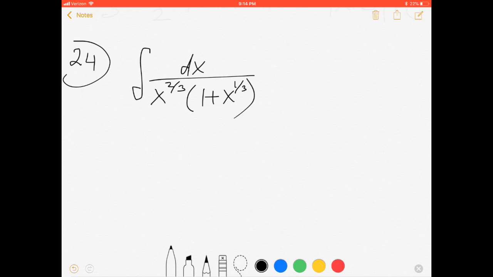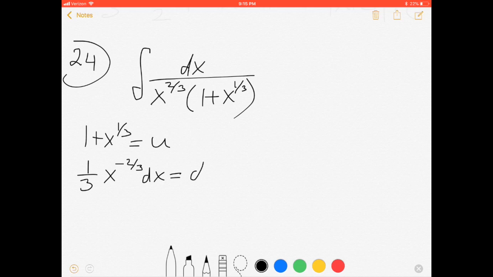I think you can see what substitution we use. Let 1 plus x to the power 1/3 be u. Then the derivative is 1/3 x to the power of 1/3 minus 1, which is negative 2/3, dx, and that is du.